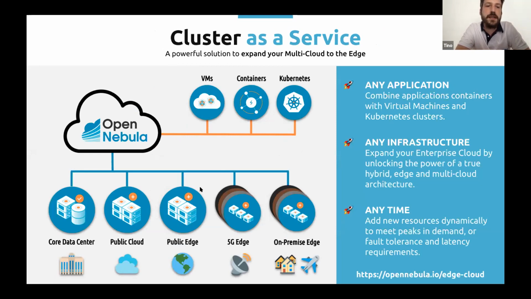Using an OpenNebula frontend, you can manage, as you could before, your on-prem infrastructure, say vCenter clusters or KVM hypervisors. And now you have the ability to dynamically increase the size of your cloud using resources from public cloud providers and edge providers.